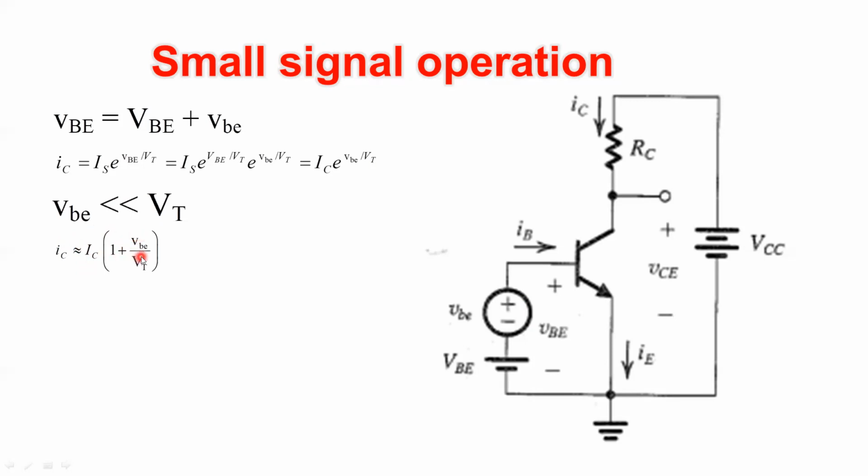Again, if you remember in the MOSFET, we have now two terms. The first term, I_C times 1 equals I_C, which is a DC term. However, the second term is an AC term because the v small be is an AC term.